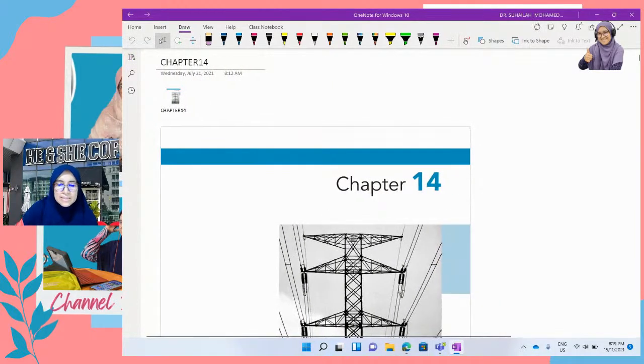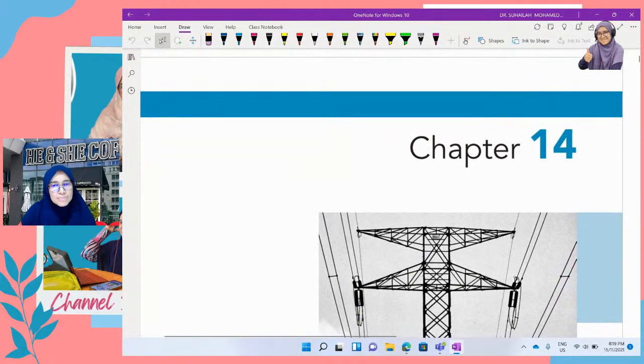So in the textbook, the stiffness method has been divided into three main chapters. Chapter 14 focuses on truss analysis, chapter 15 is for analysis of beams, and chapter 16 is for frames. Okay, there are three chapters.